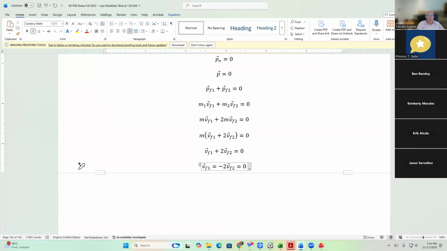Okay? Changing this notation from vectorial to scalar. Like that.